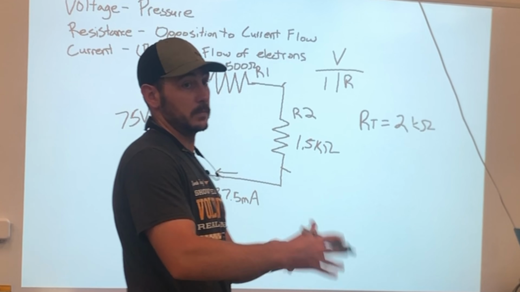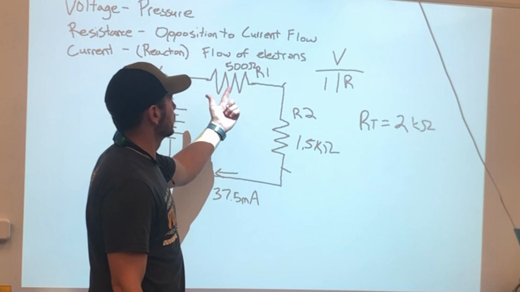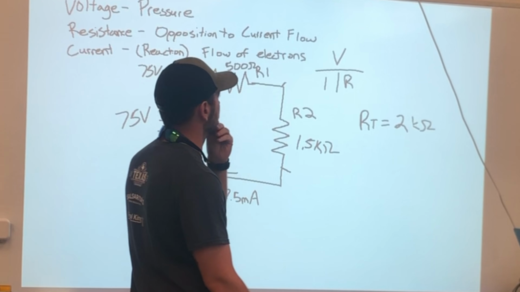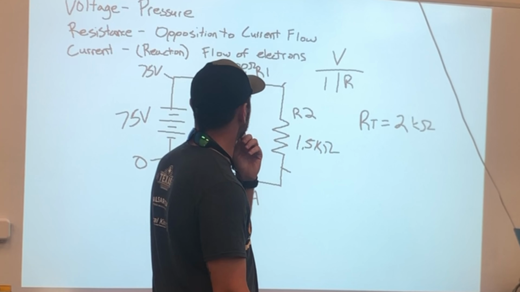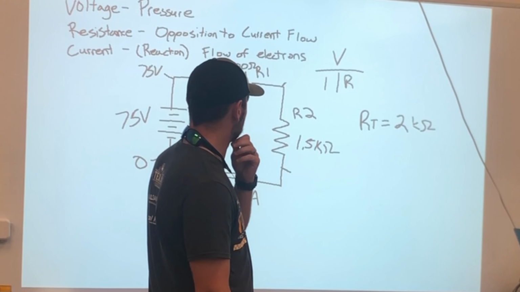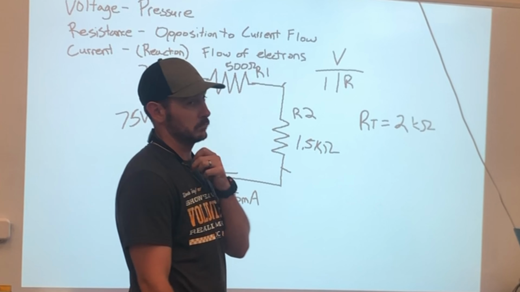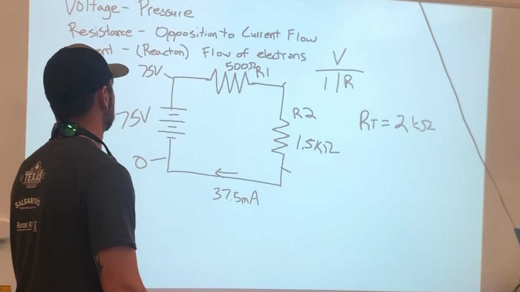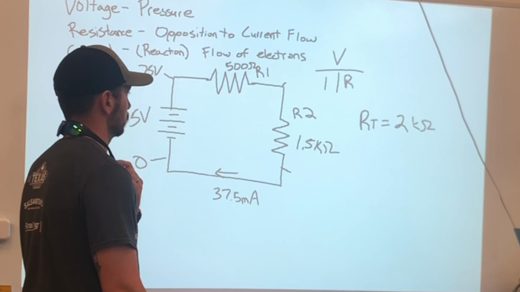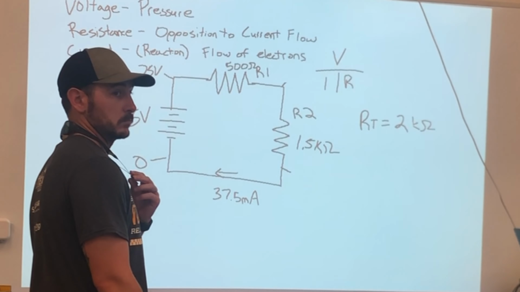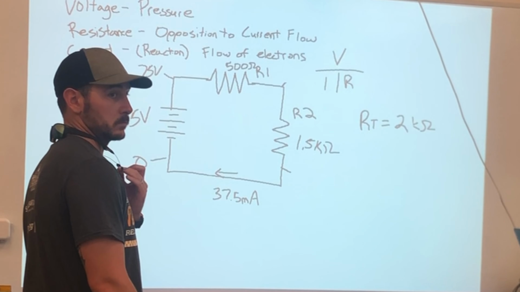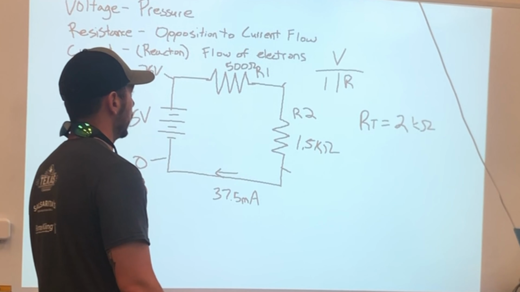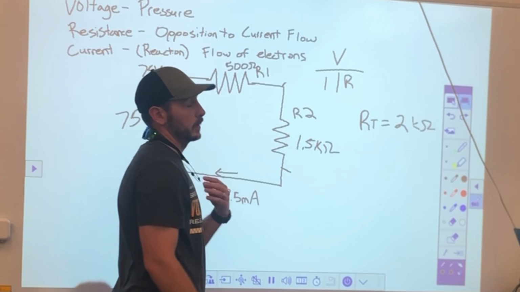Now let's see if our Ohm's law is still true. What is the current in this resistor? 37.5. What's the voltage drop? Yeah, I want to know what the voltage across R1 is.